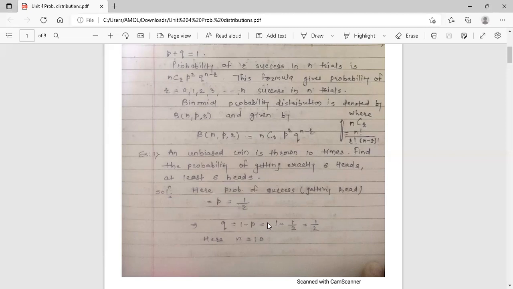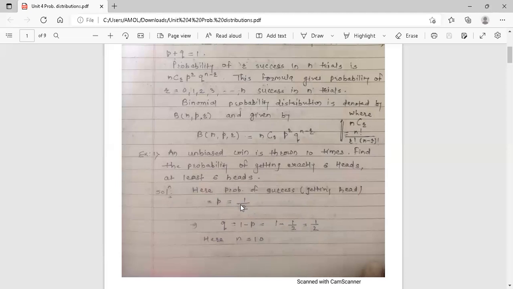It is 1 minus p, because when we toss the coin there are only two outcomes and the probability of success is 1 by 2. So the probability of failure is 1 minus 1 by 2, which is equal to half. So probability of failure is 1 by 2, probability of success is 1 by 2.